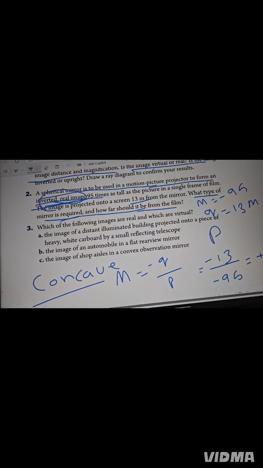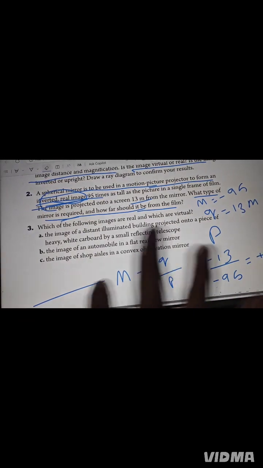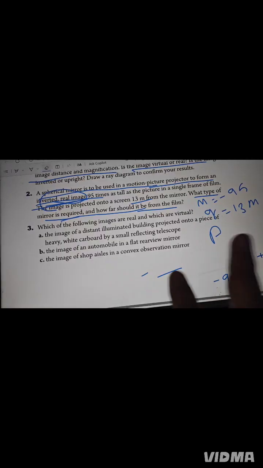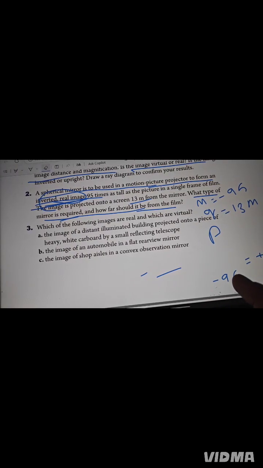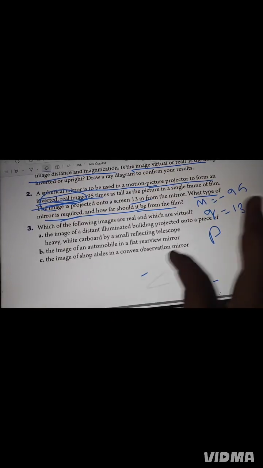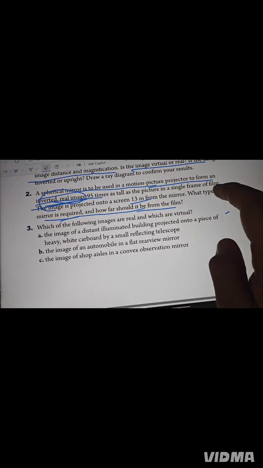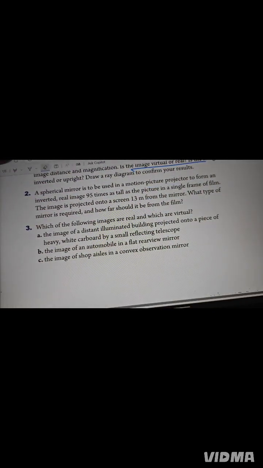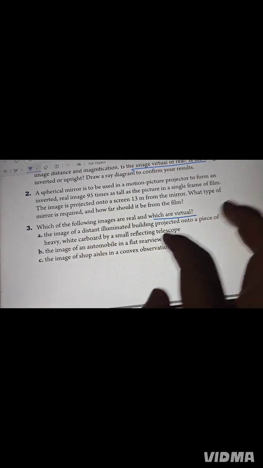Good. Question 3. Which of the following images are real and which are virtual?